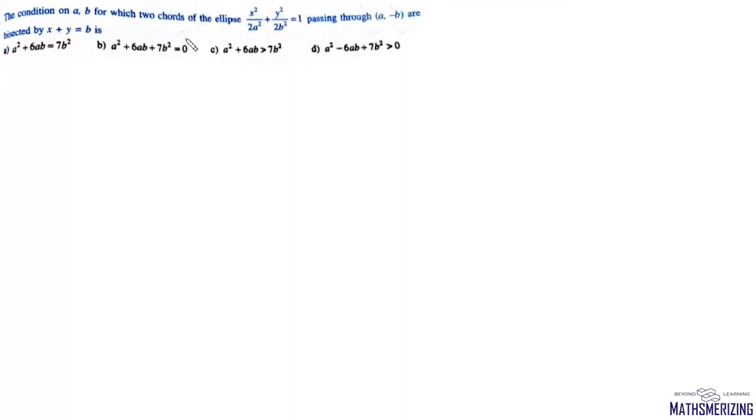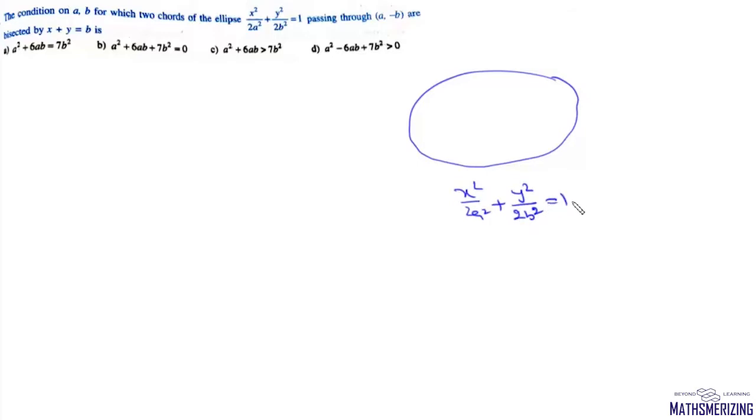The condition on a, b for which two chords of the ellipse passing through (a, minus b) are bisected by x plus y equals b. So we have this ellipse whose equation is x square upon 2a square plus y square upon 2b square equals 1.